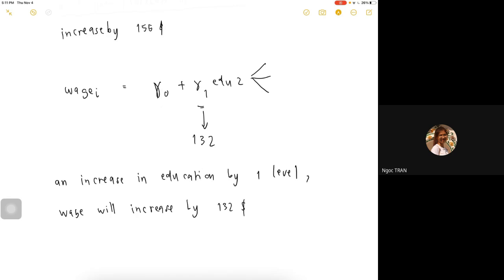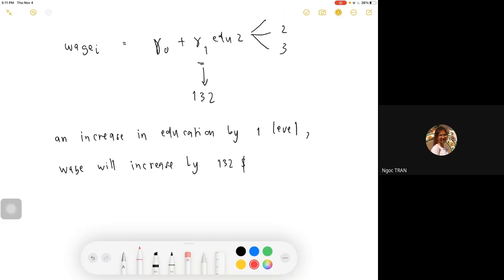You have different levels, 1, 2, 3. So the way you interpret it is going to be different. You cannot say it increased by 1 year anymore. You have to change it to one level. If the education level increases by 1 level, how is that going to affect your wage? Make sense? Do you have any questions?